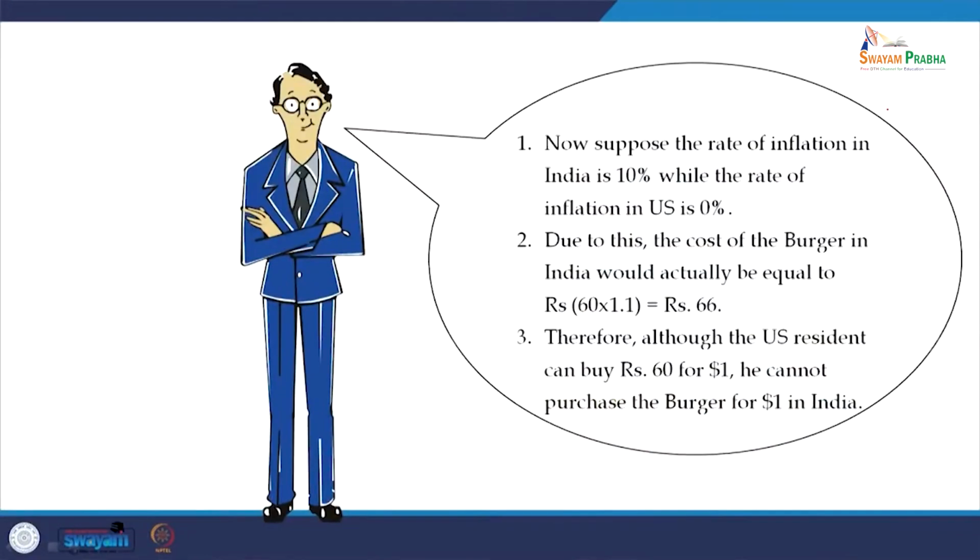Now, suppose the rate of inflation in India is 10%. So, the cost of the burger is no more 60 in India, which is equivalent to the exchange rate of 1:60.